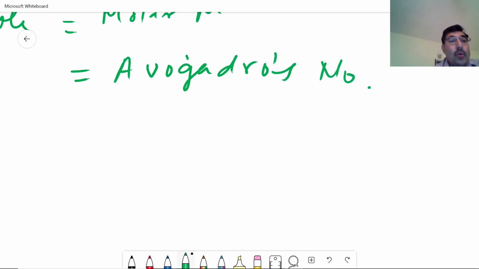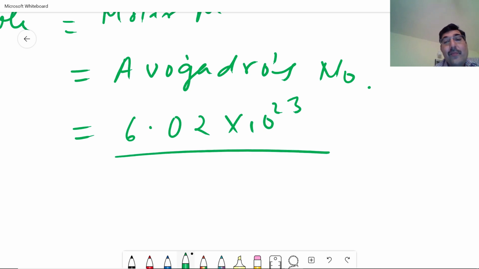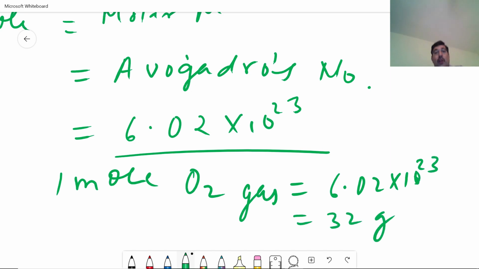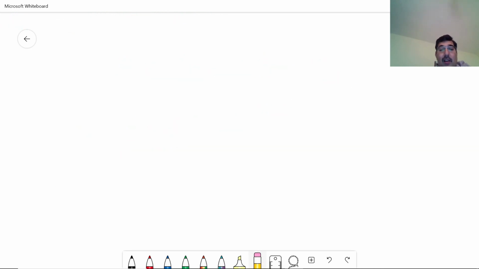So what does this mean? 1 mole is 6.02 times 10 to the power 23. If we say 1 mole of oxygen gas, how many oxygen molecules are there? 6.02 times 10 to the power 23 molecules, and together that is 32 gram.